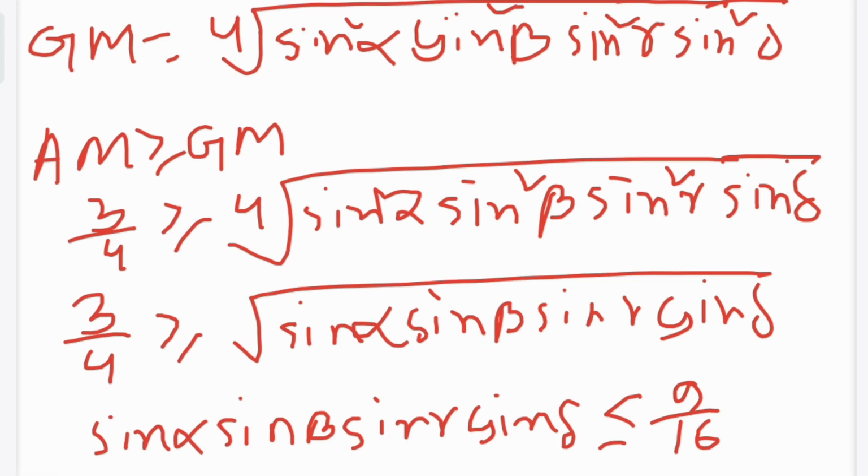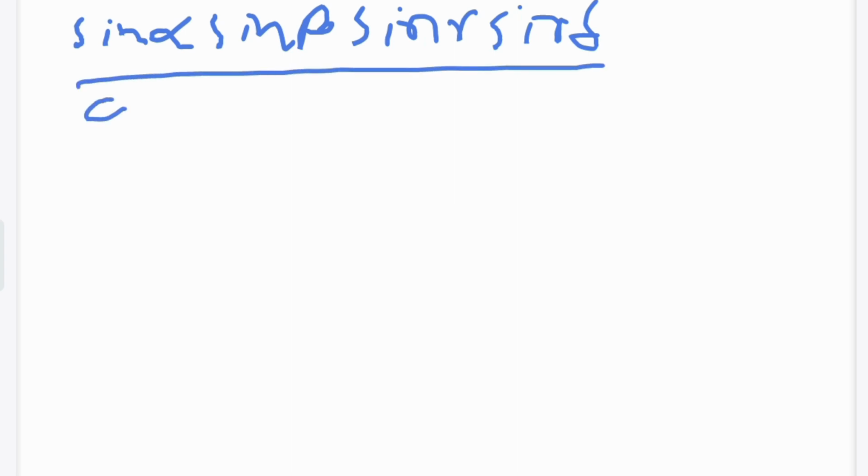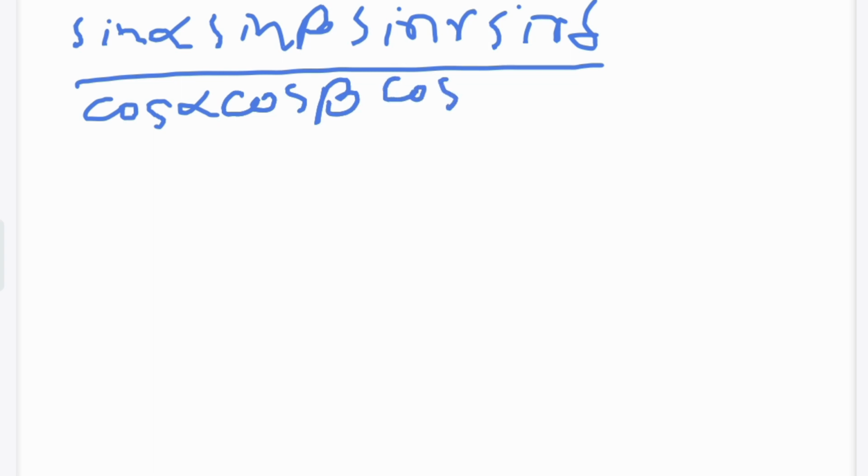So guys, now we will divide the two inequalities we obtained. So we are going to divide sin alpha into sin beta into sin gamma into sin delta over cos alpha into cos beta into cos gamma into cos delta. Here the inequality sign will not be less than or equal, it will be flipped. I am telling you the reason.